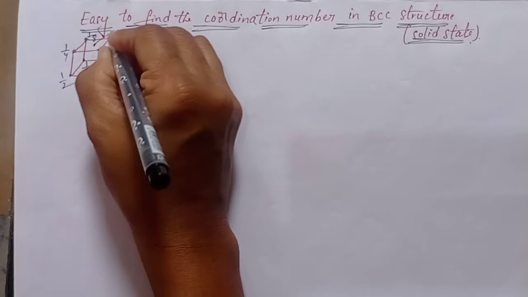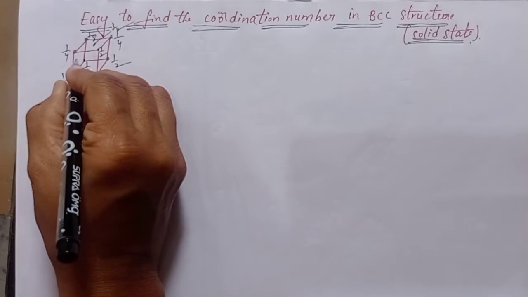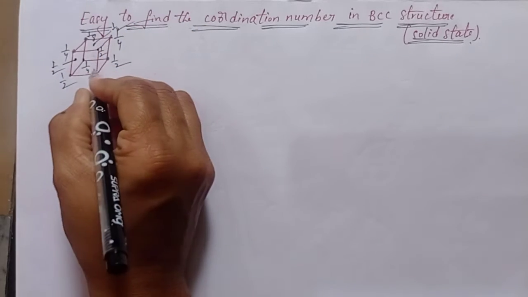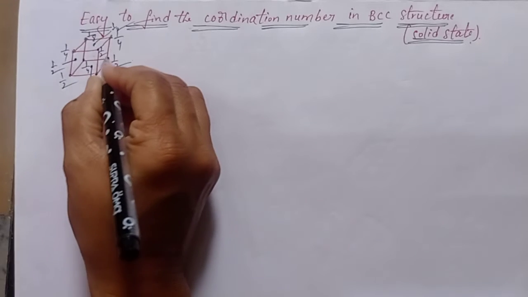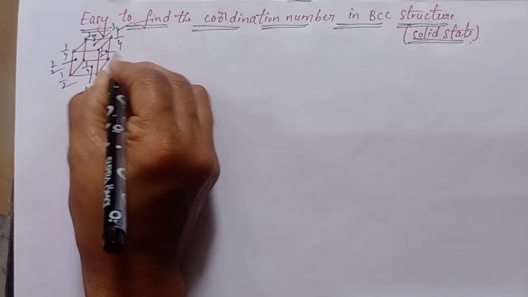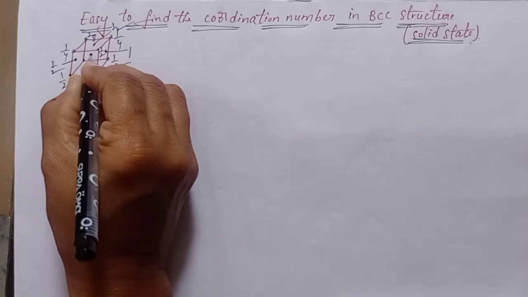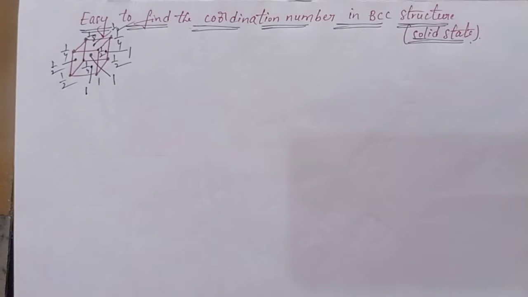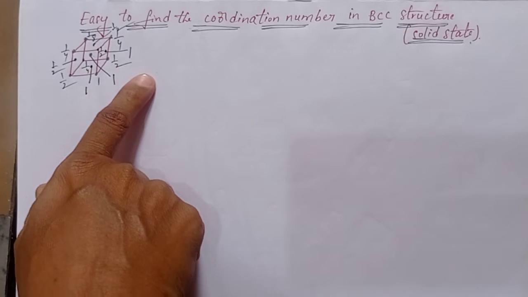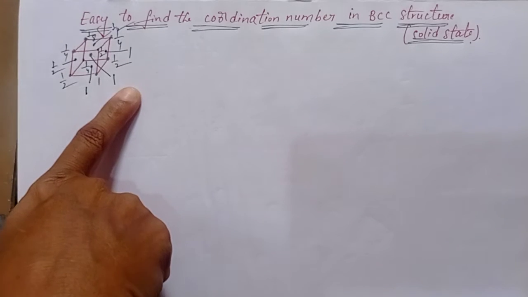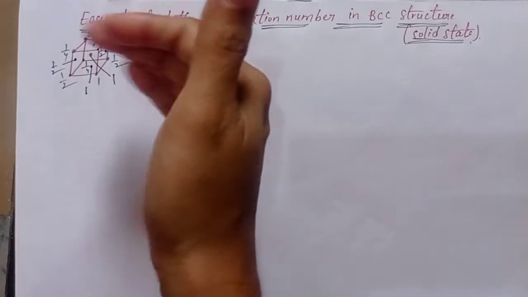And this face center value 1 by 2, and this face center value 1 by 2. Next, this face center value 1, and this face center value also 1, this body centered value 1. Contributions, clear, students. How these values came, I already discussed in the last class with one example. Please go through that once.